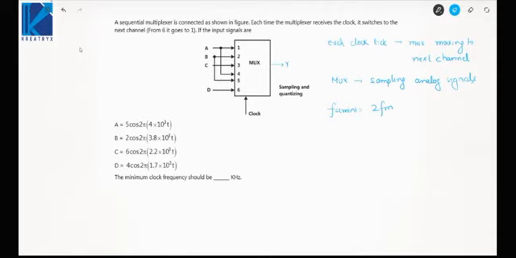What is the maximum frequency here? The maximum frequency here is this one, 4 into 10 to the power 3. So the answer should be 8 kilohertz. That is the minimum sampling frequency and that will exactly be equal to the clock frequency. So the answer should be 8. Is it fine?